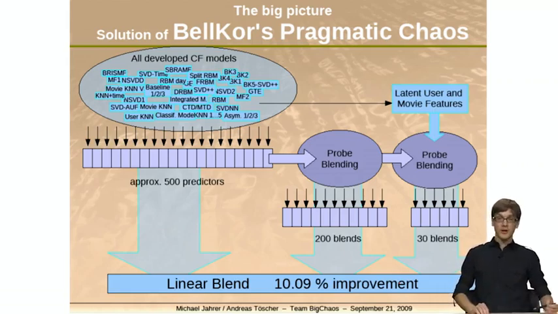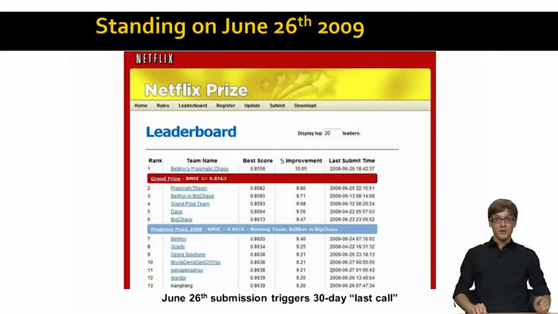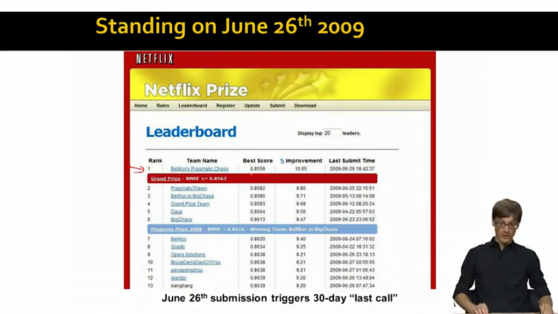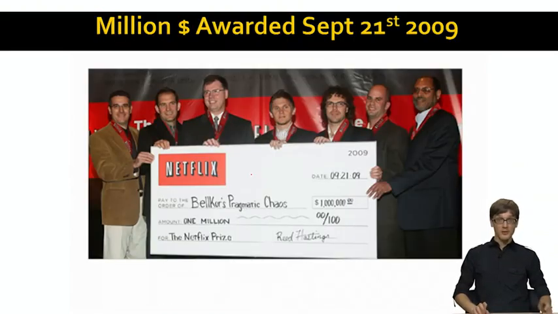Using this, they were actually able to achieve this magical 10% improvement. If you look at the Netflix leaderboard in 2009, the winning team from AT&T Research or Bell Labs achieved that error, and a few months later they received the check and took this very nice photo.